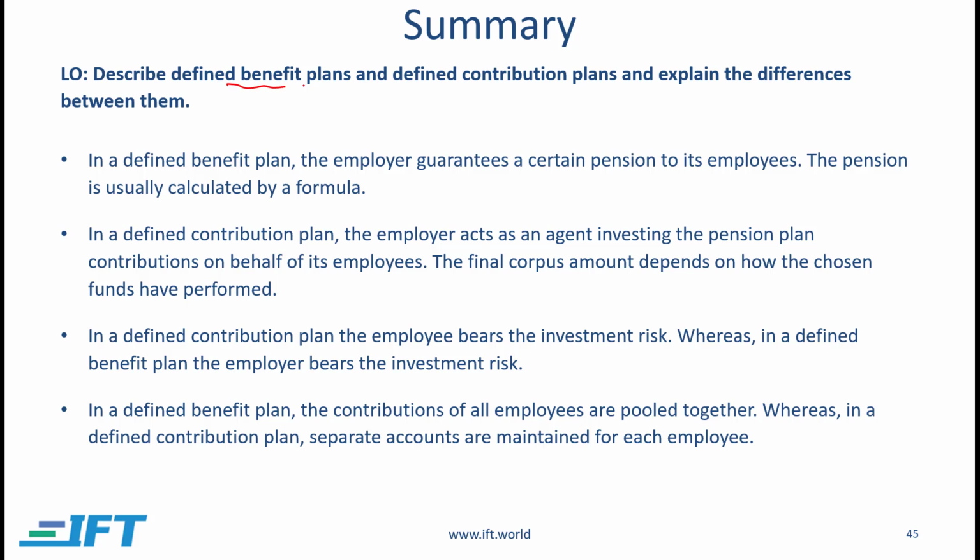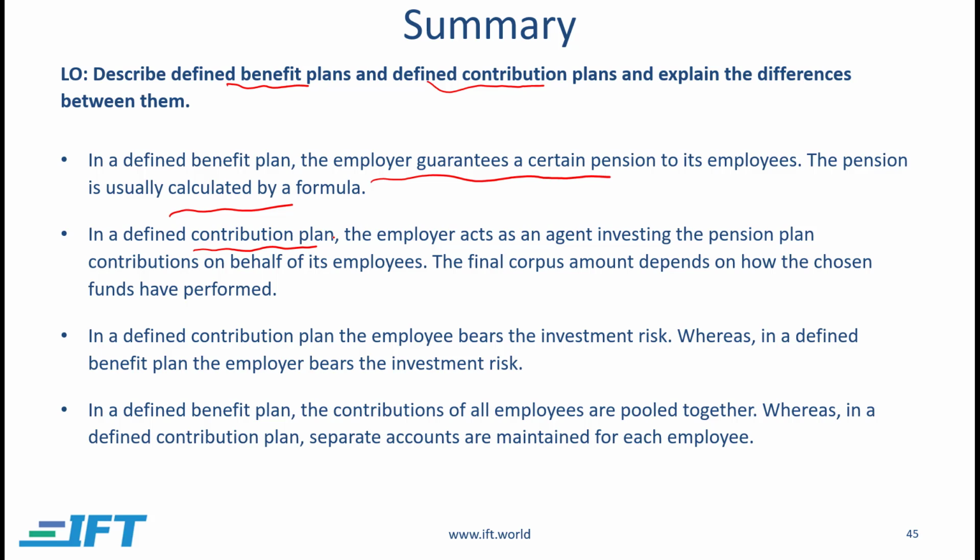Then we also talked about pension plans and how a defined benefit plan is different from a defined contribution plan. So, in a defined benefit plan, the employer is taking a certain amount of risk by guaranteeing a certain pension to its employees based on a certain formula. This is obviously risky for the employer because they have to make sure they are able to pay this. In a defined contribution plan, the employer is having it easy because their contribution is defined.